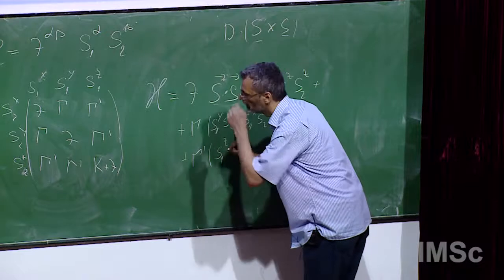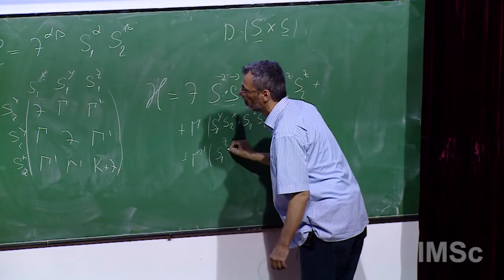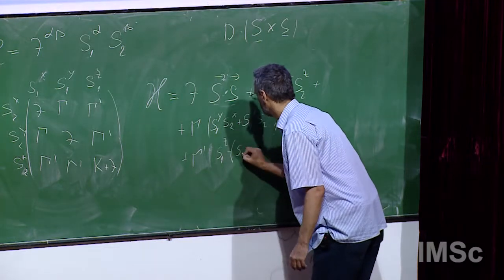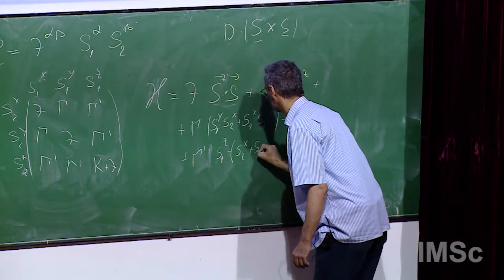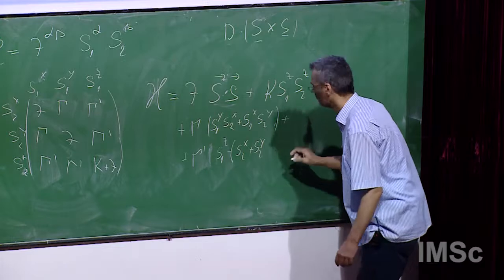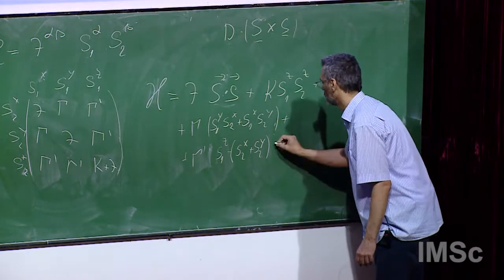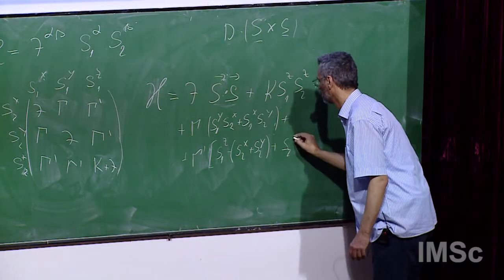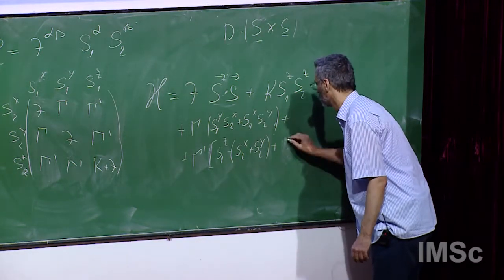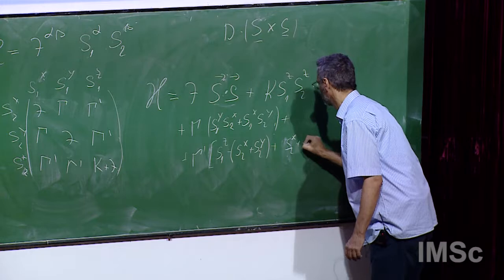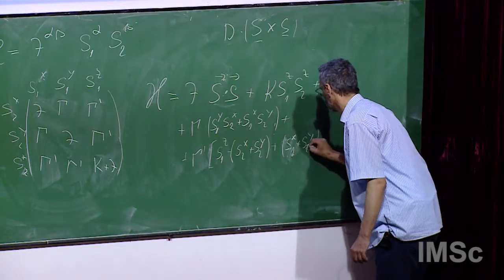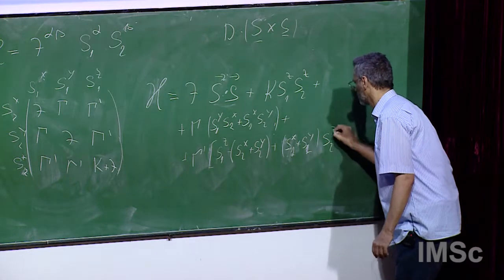plus S1z times S2x plus S2y, plus S2x plus S2y, one here, one S2z.